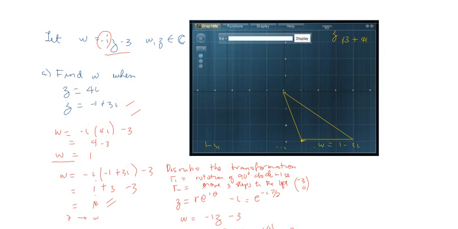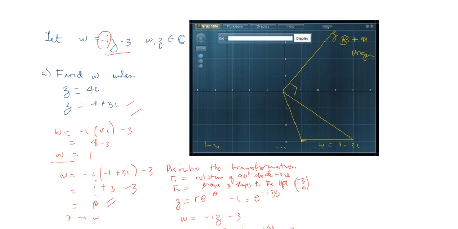So it has come from 3 plus 4i. This is 90 degrees. So the origin is z. We're just checking that the answer is correct. The answer is 3 plus 4i.